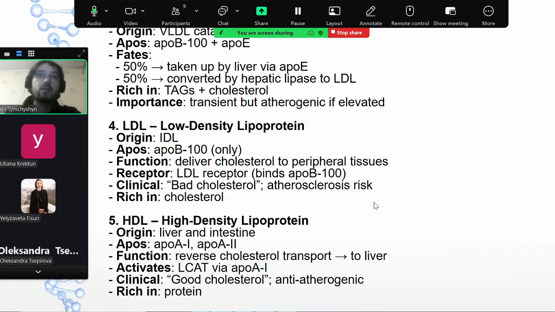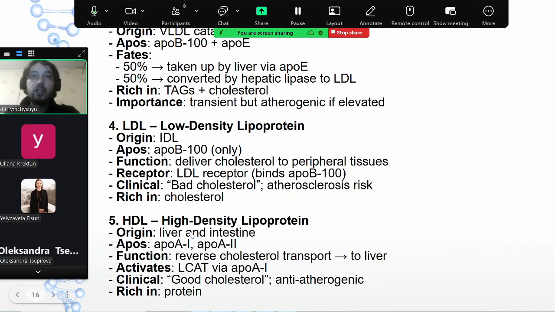These LDL basically deliver cholesterol to peripheral tissues, and they have a certain clinical meaning: they are called bad cholesterol, so they may indicate some risk of atherosclerosis.